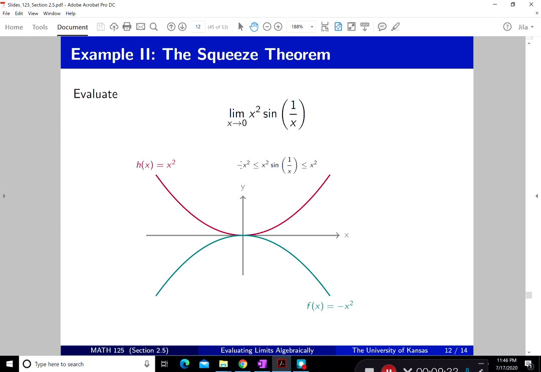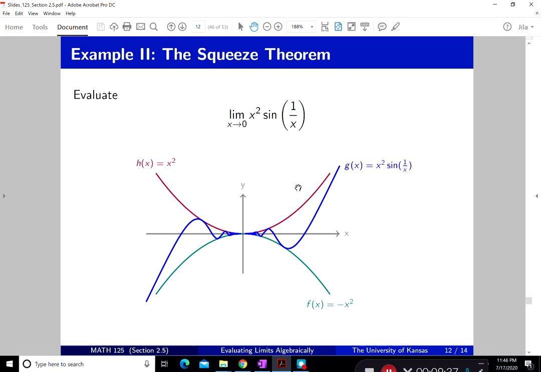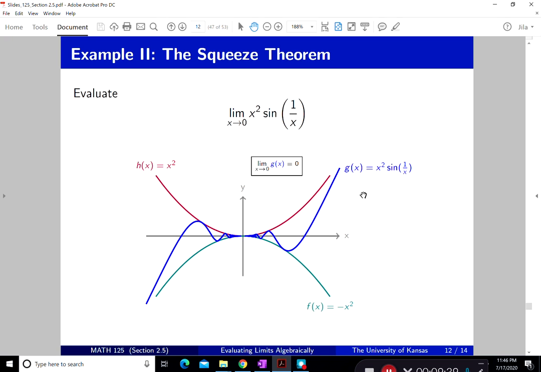Therefore, since the two outer ones have a limit, this one has to have a limit, and that limit has to be equal to the limit of the two outer ones as x approaches 0. This is how you show with the Squeeze Theorem that this function has a limit equal to 0 as x approaches 0.